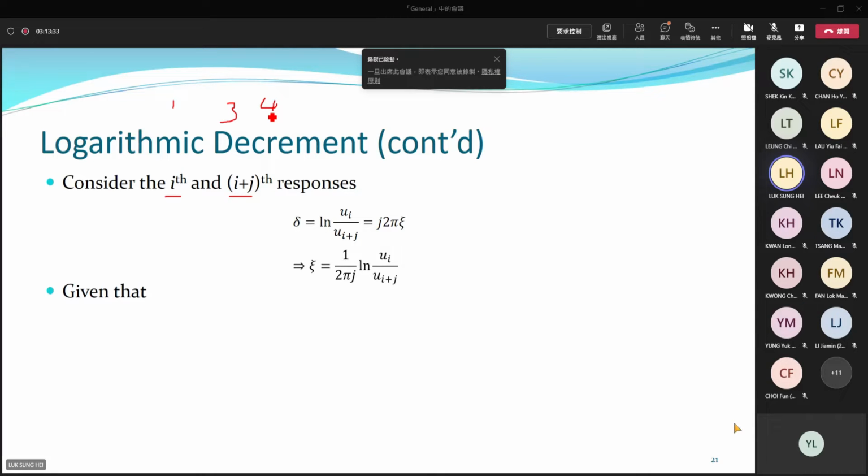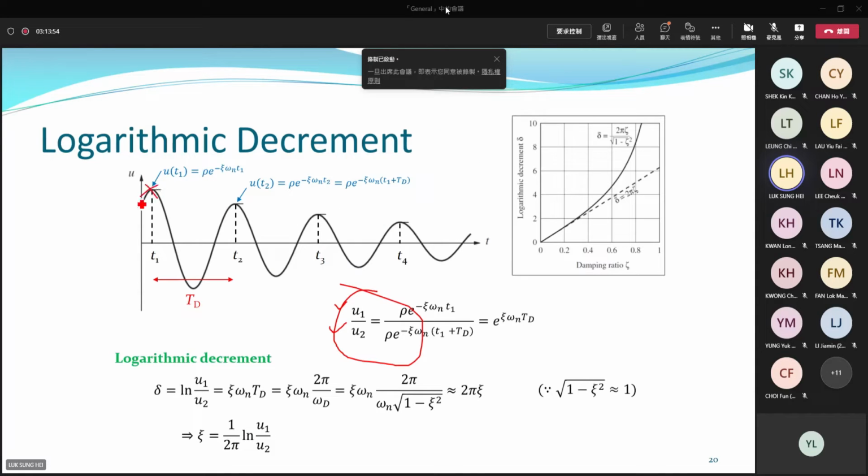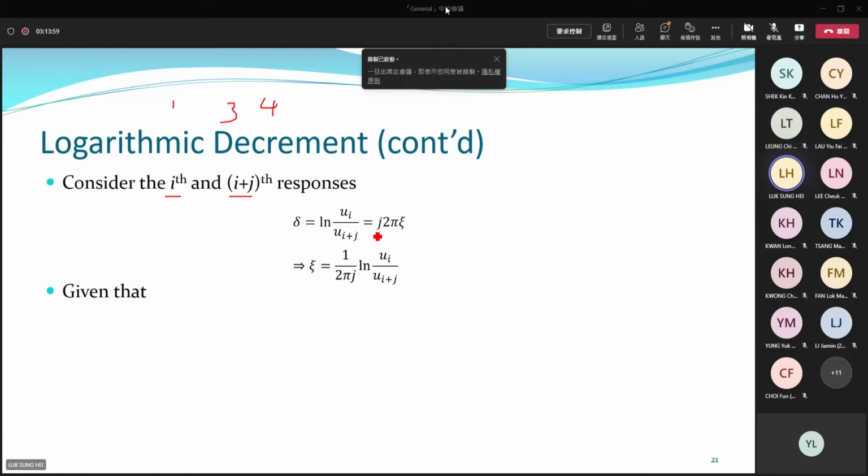Simply call them the i and i plus j terms. They are different by j. So the equation can be modified a little bit. The log decrement, natural log of ui over ui plus j, two vibration amplitudes, the i term and the i plus j term, is equal to j times 2 pi times damping ratio. You just put j right here. They are different by j terms.